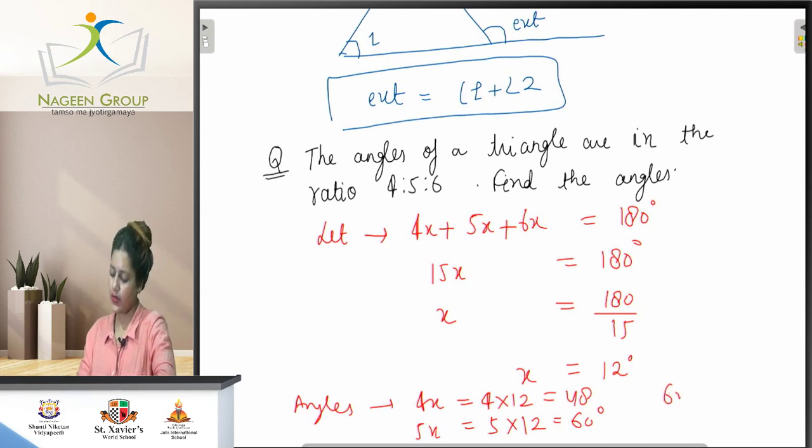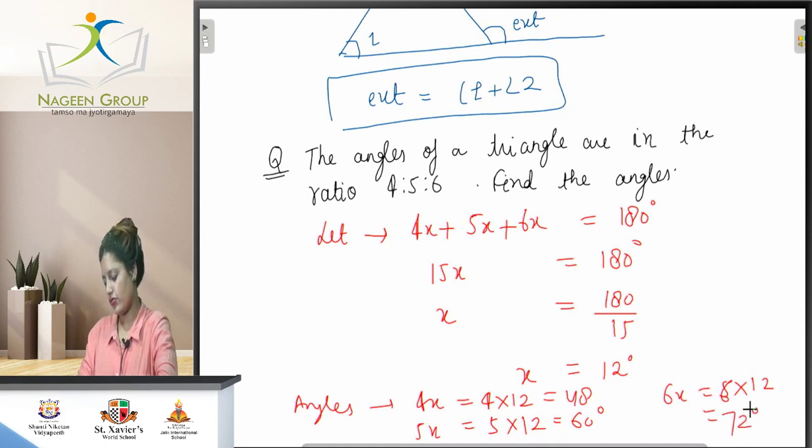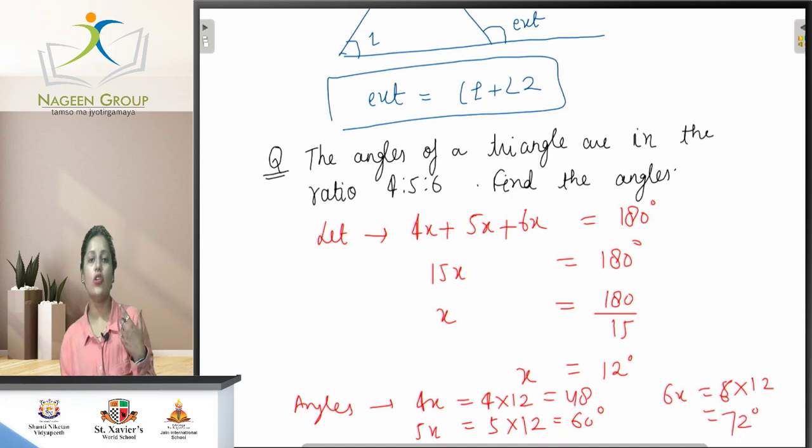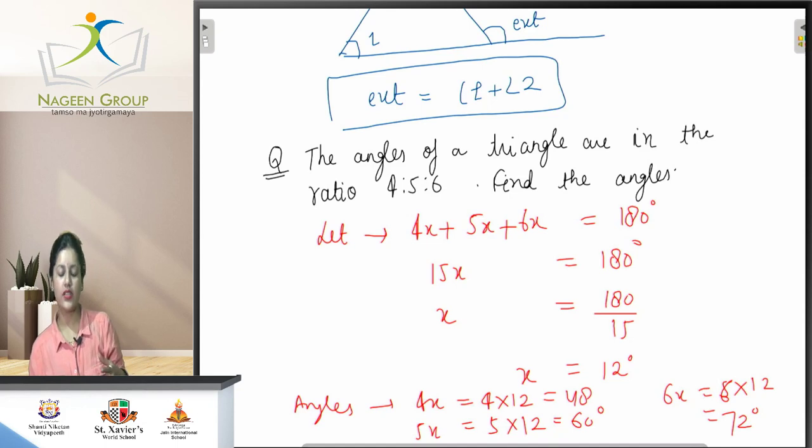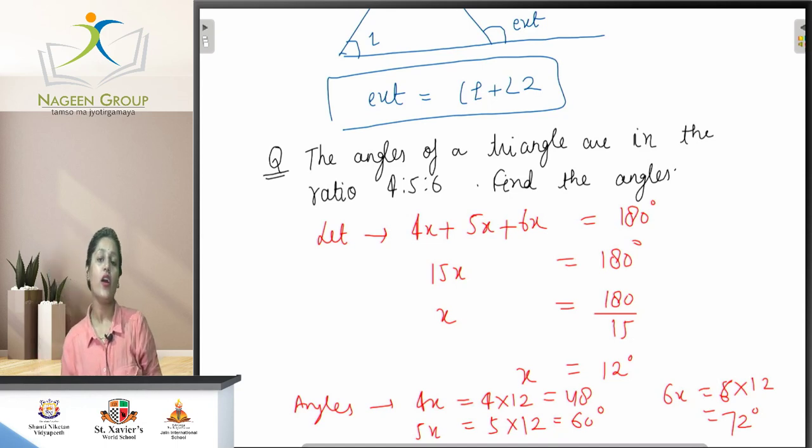And the last, 6 into 12, that is 72 degrees. Understand, you can also tell by seeing the angles that it is an acute angle triangle, because all the angles are less than 90 degrees.